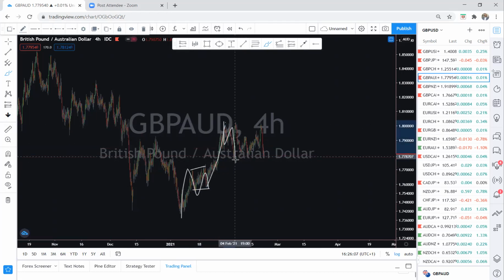And now we have a structure that we can clearly identify here. We have the 3-wave move down, the up move, a 3-wave pullback, 3-wave up, and then a down move. Let me now explain.